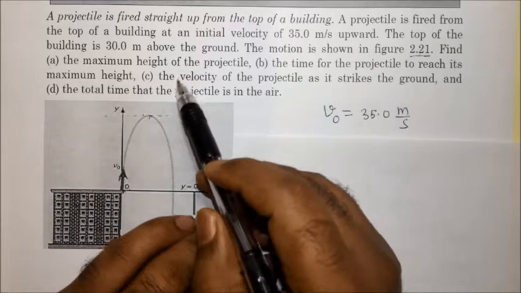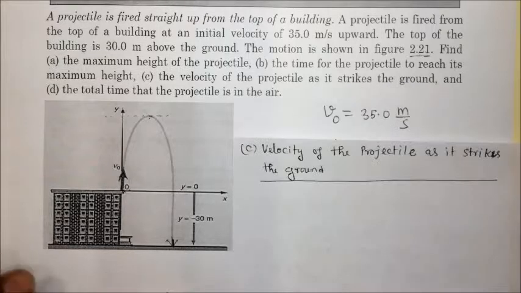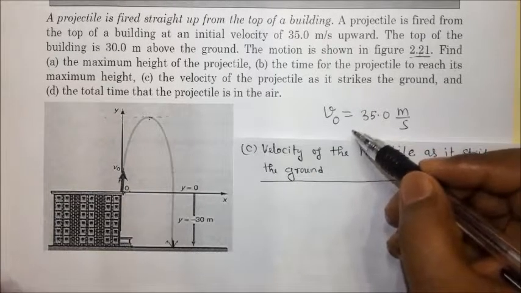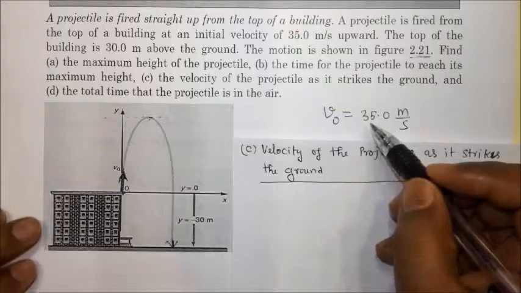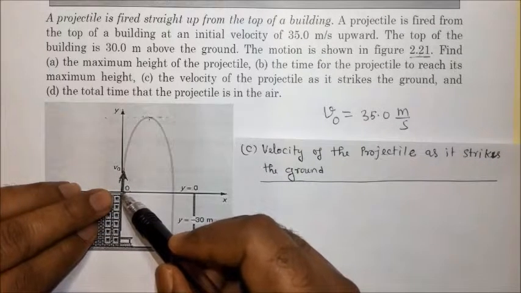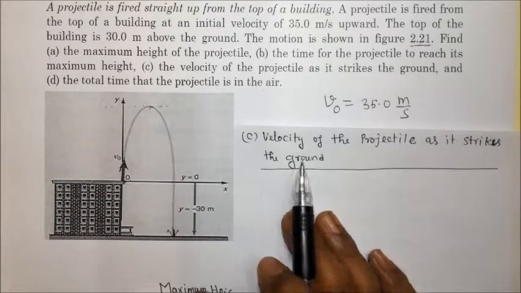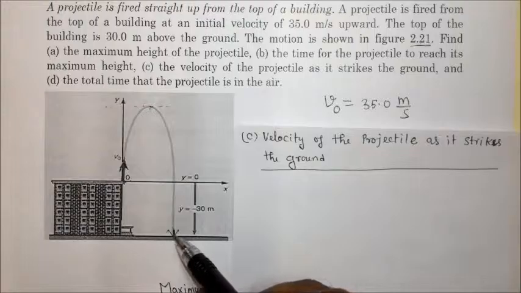What is C part? The velocity of the projectile as it strikes the ground. We know V initial is 35.0 meter per second. The starting point is here. And now the end point is what? End point is the ground. Okay, what's the velocity here?